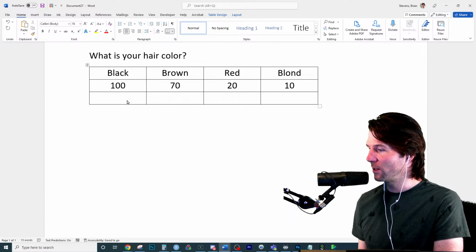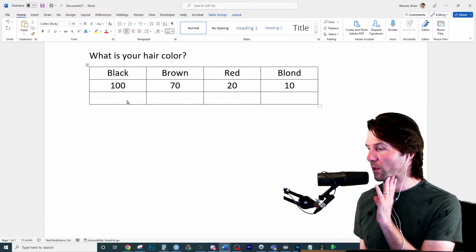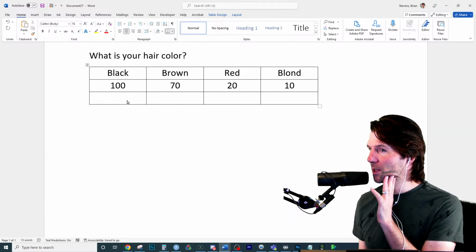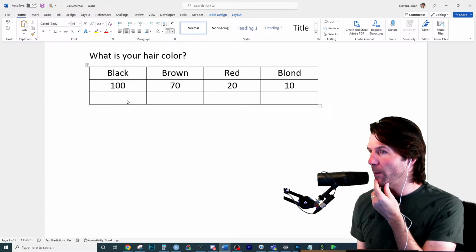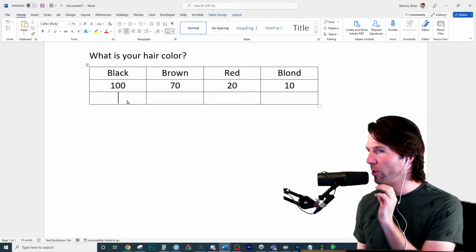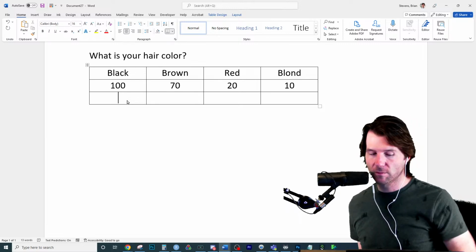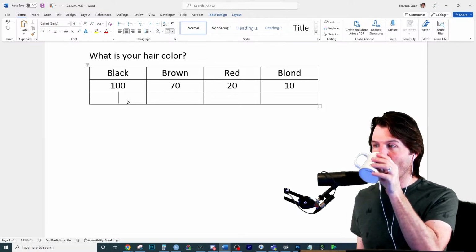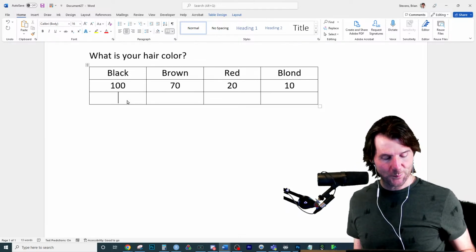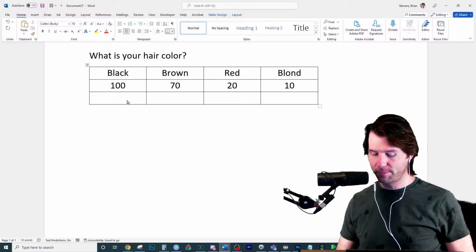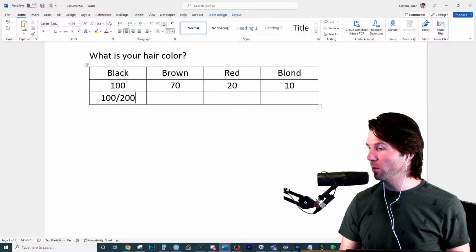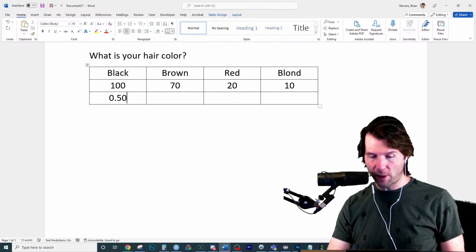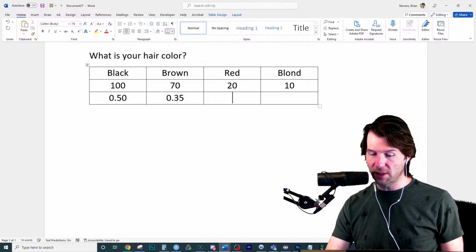There are 4 groups, 4 categories, but how many people total answered our survey of what is your hair color? 200, right? So to do relative, we do 100 divided by 200, and we'd get relative frequencies. I made the numbers nice and neat.